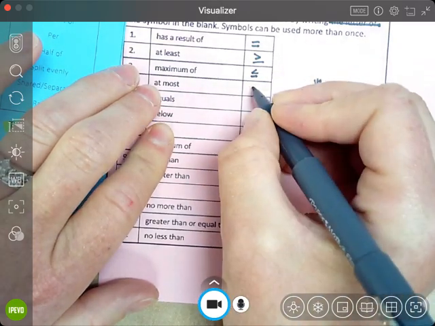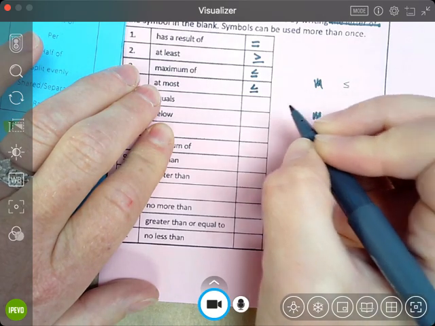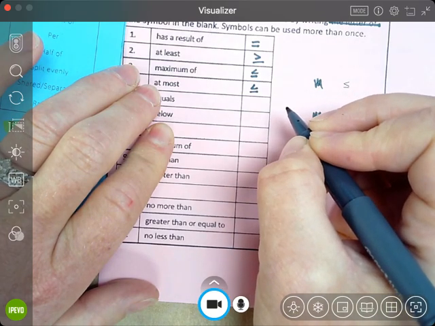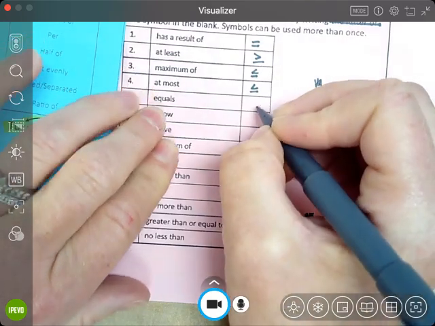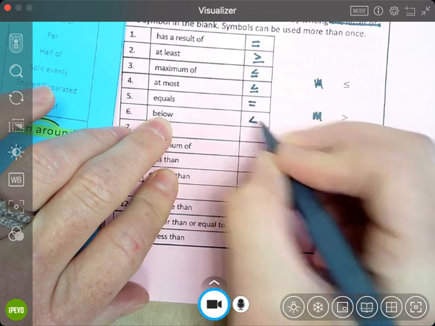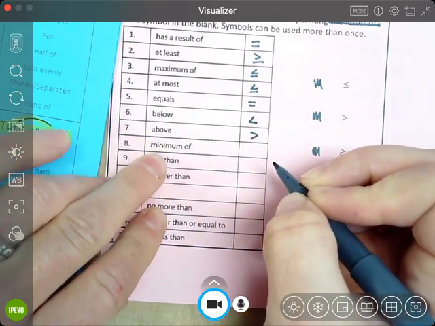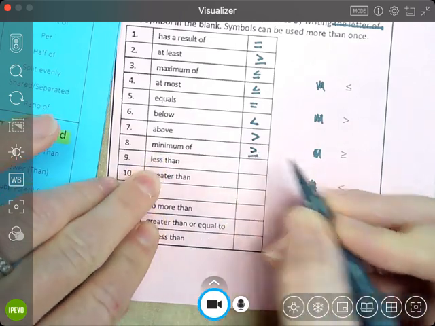At most, less than or equal to. No, at most. It's at most $15, less than or equal to. Yes. Equals, below, less than, above, greater than, minimum of, greater than or equal to.